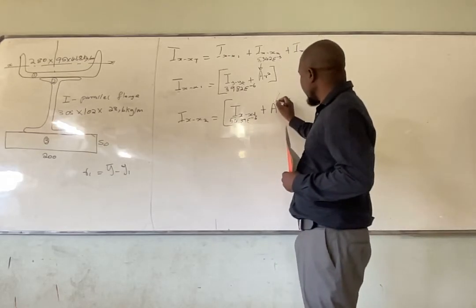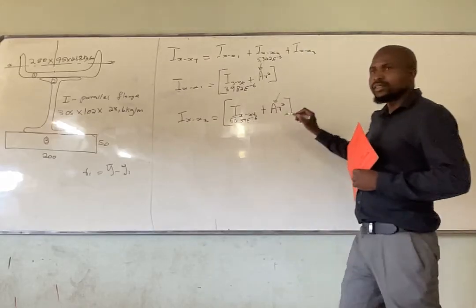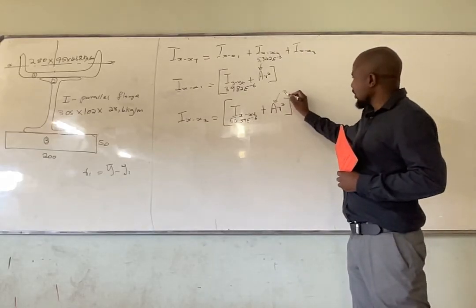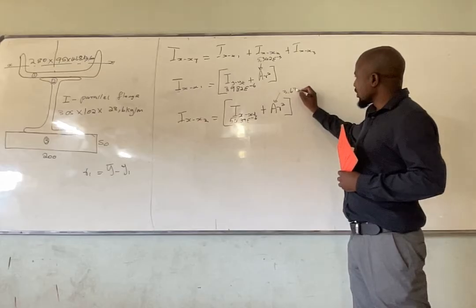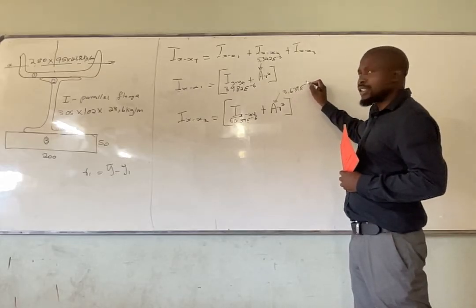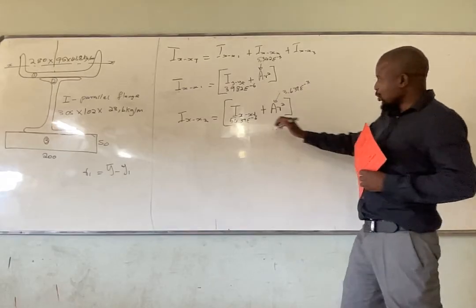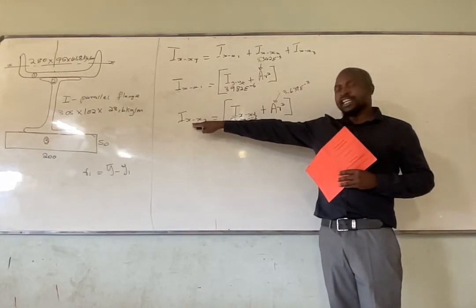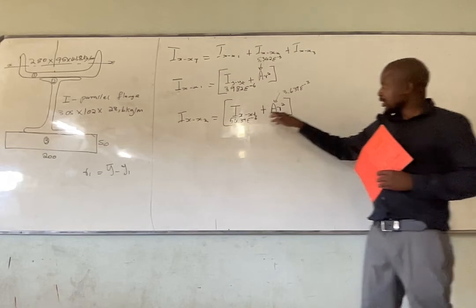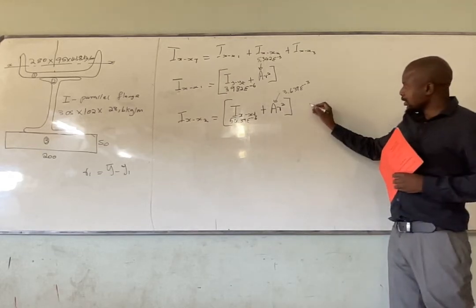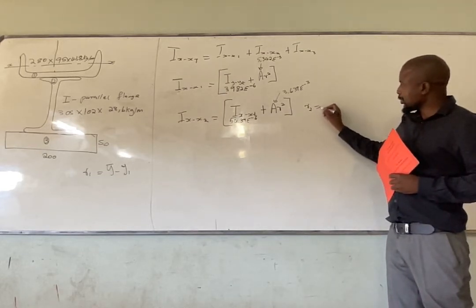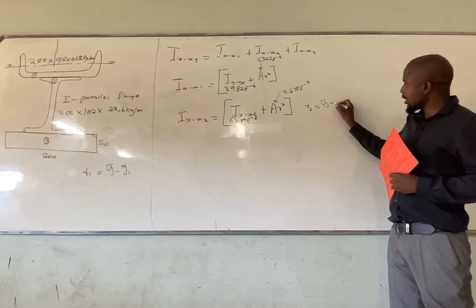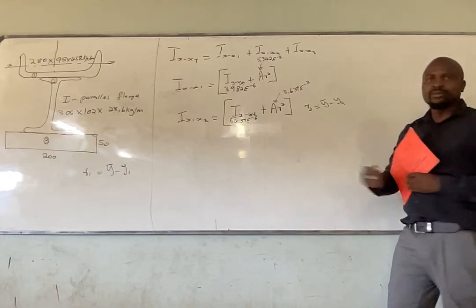And what will be your area? 3,639 -3. Yes. So because you are still calculating Ixx, your R will be your R2, it will be Y bar minus Y2.